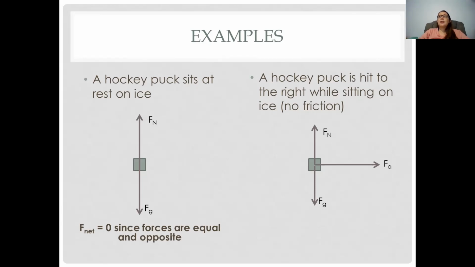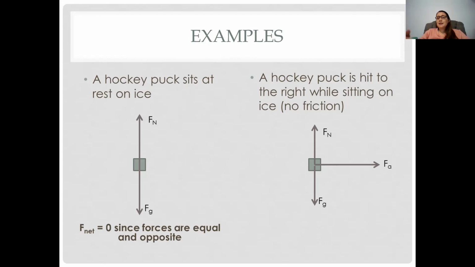Now, if we were playing street hockey or field hockey, where we're on a more rough surface with friction, remember, friction always opposes the direction that something is moving. So if this hockey puck is moving to the right and there is friction, it would point back to the left.